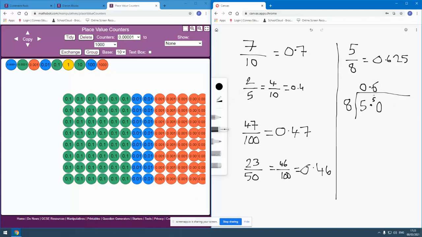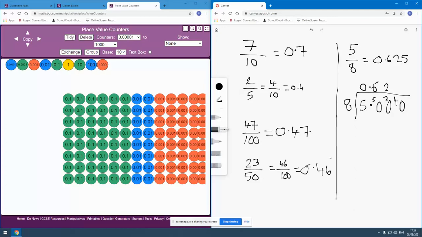And normally I'd do this side by side with what I was doing here. So I'd say, right, with 6 in each share, we had 2 of the 0.1s left over. So we had 0.2 left over, and that became 20 hundredths when we exchanged it, which allowed me to put 2 hundredths in each of the 8 shares and left me with 4 of the hundredths left over, which became 40 thousandths.